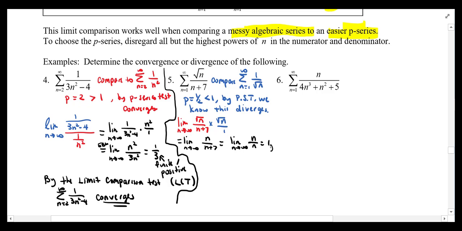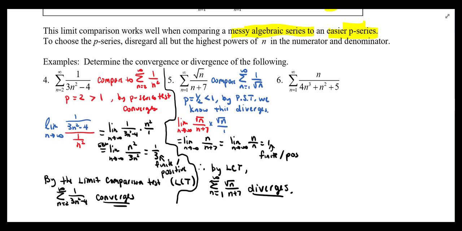Once again, finite and positive. So therefore, by the limit comparison test, what do we know? That original summation also must diverge. Did you get that? If you did, give yourself a pat on the back. Bravo.